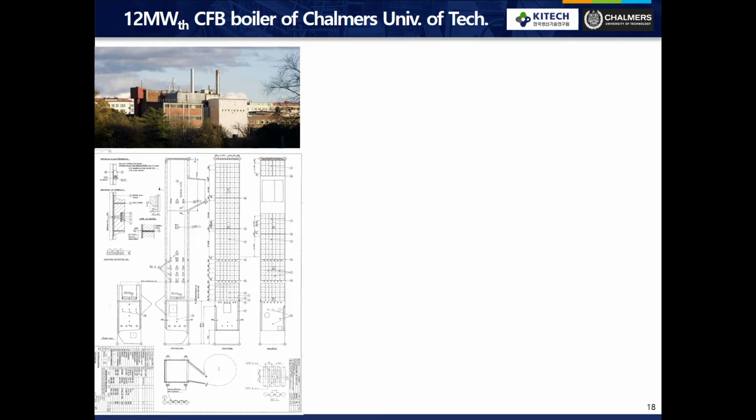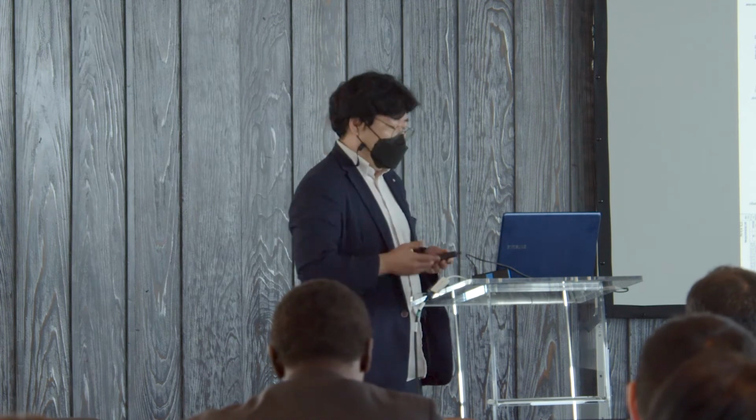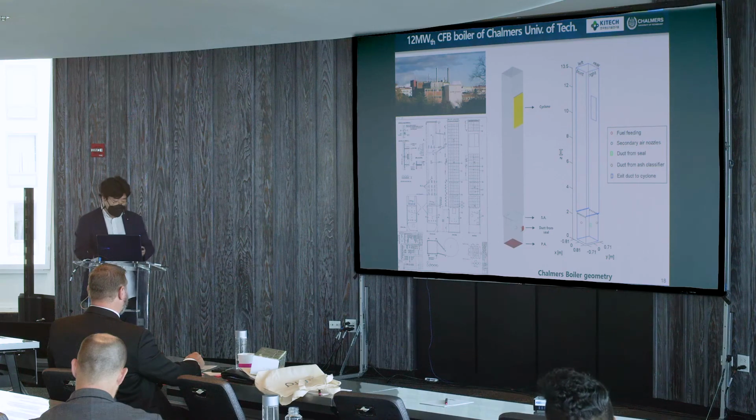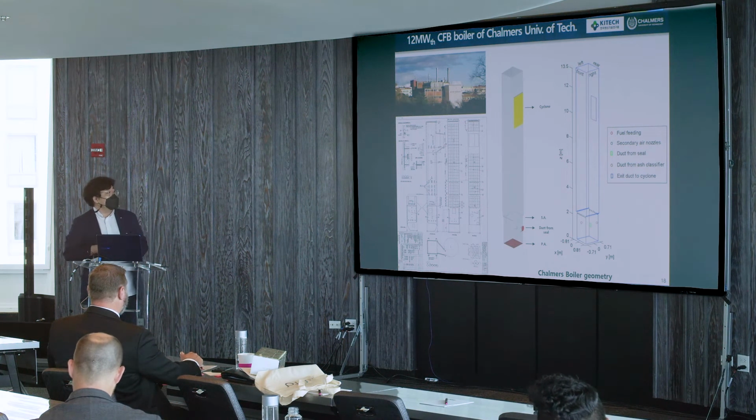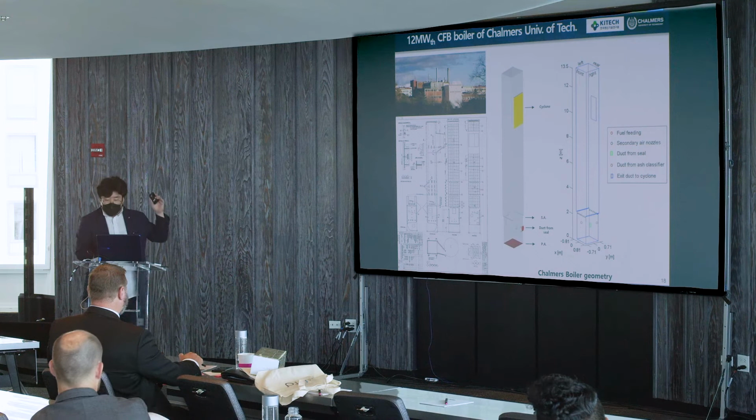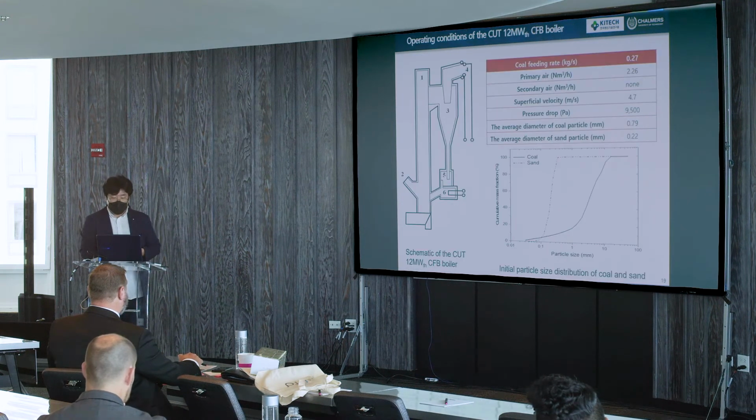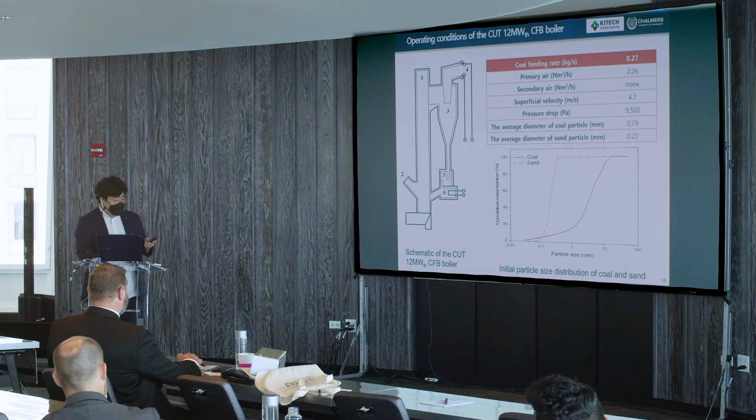So we collaborate with people in Chalmers. They collected a lot of data from their demonstration plant over 3 years. They share, and this is a 13.5 meter boiler, and this is the operating conditions of the boiler.